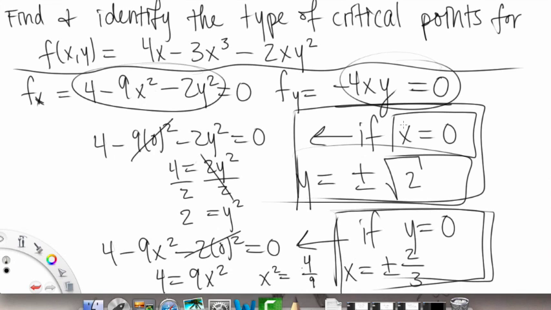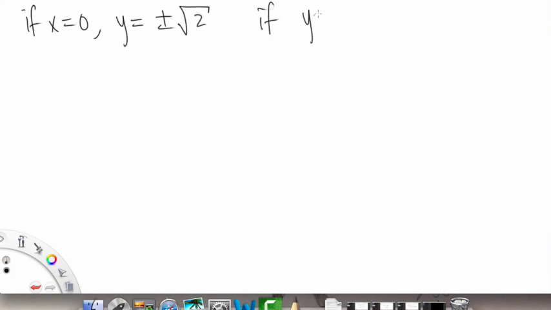I'll write our critical points on the next slide. What we had was if x equals 0, then y could equal plus or minus radical 2, and if y equals 0, then x could equal plus or minus 2 over 3.